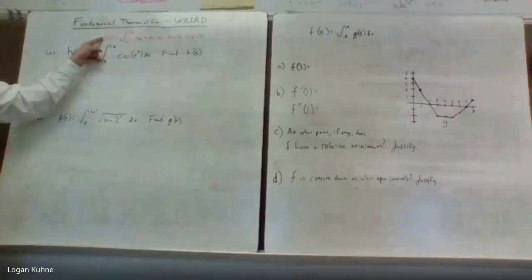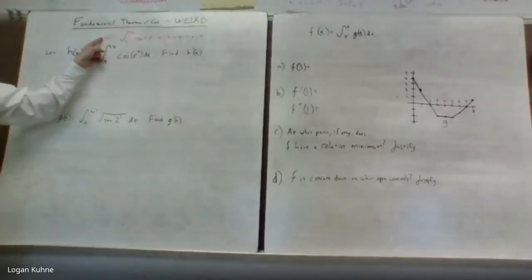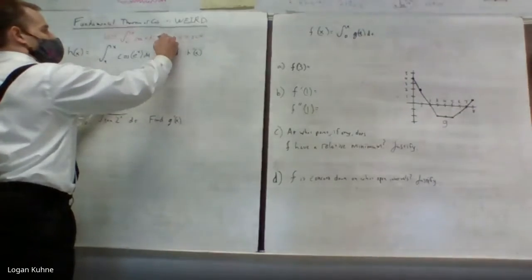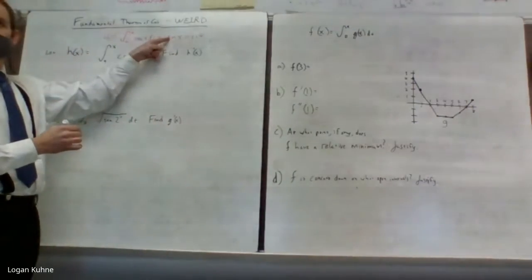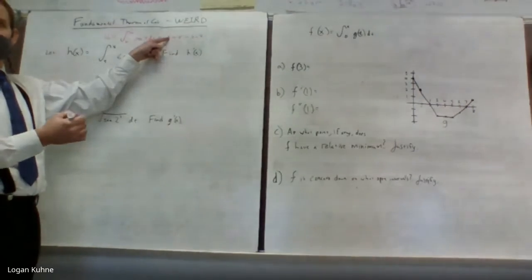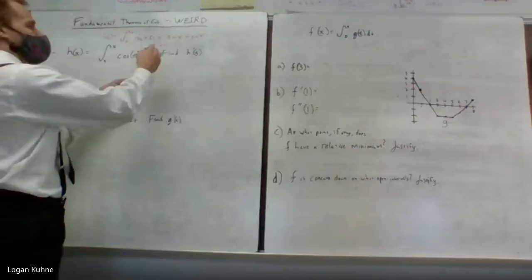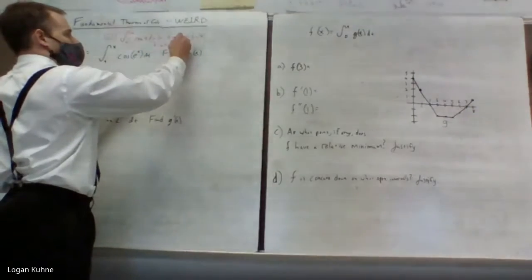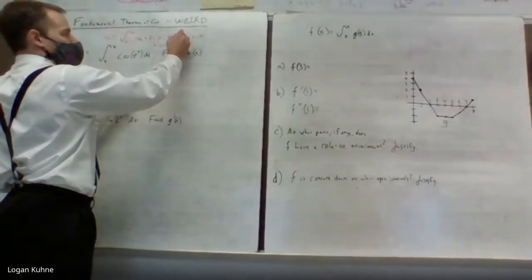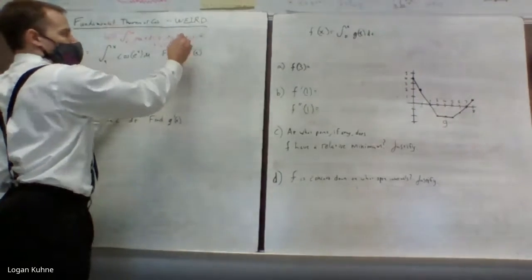If I want to find h prime of x, I have to derive it, don't I? H prime of x. Okay, what's the derivative of sine? It's cosine, right? Cosine of x. And if I do the chain rule, derivative of x is just 1, right?